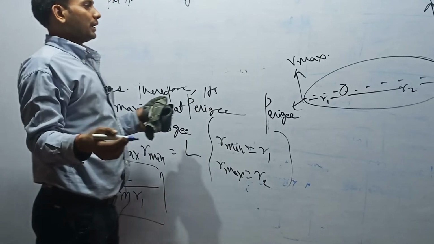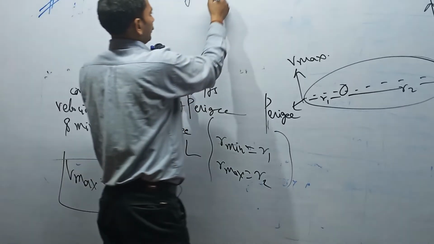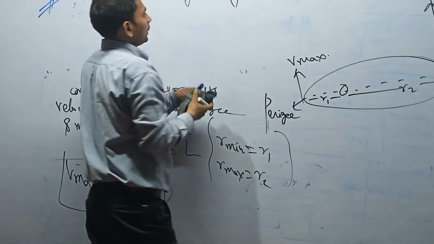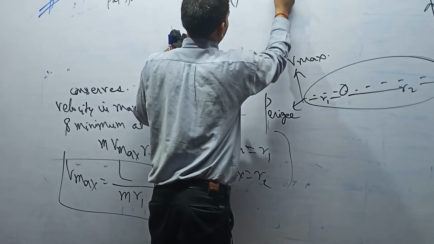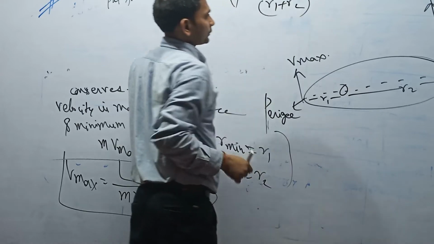What is the value of L? L is equal to m under root capital G M R1 R2 upon R1 plus R2.